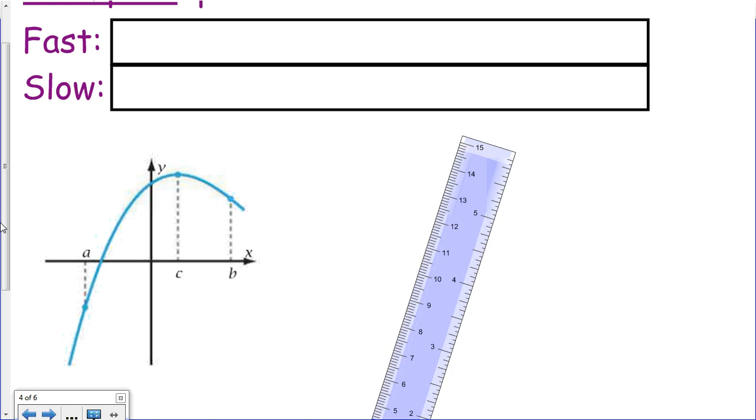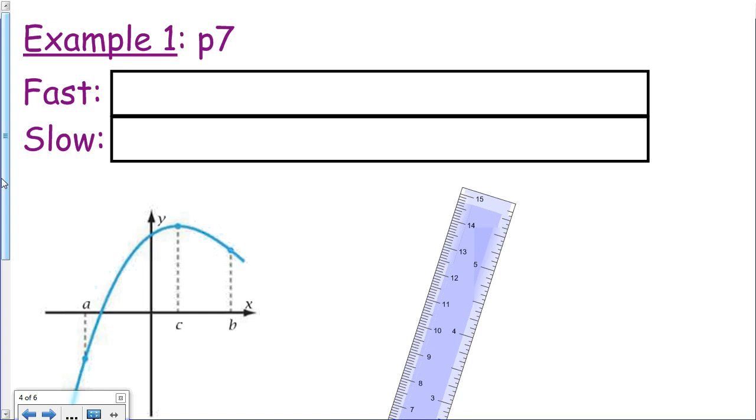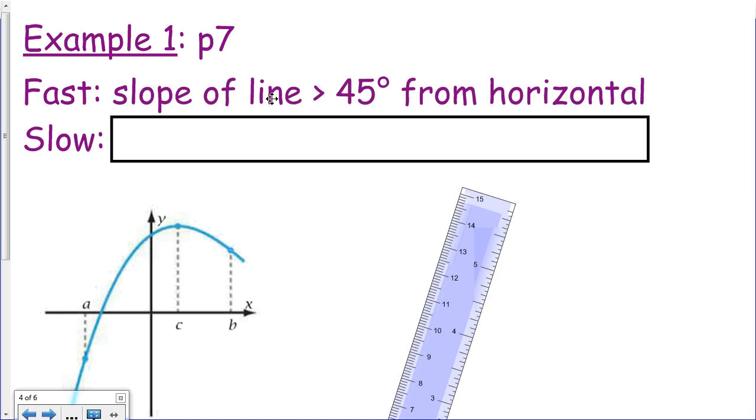So the first thing I want to do is define for ourselves what we're going to conclude about fast and slow. For fast, we look at the slope of the line that represents the tangent line, and if that's more than 45 degrees from horizontal, we're going to call that fast. It's increasing or decreasing very fast.